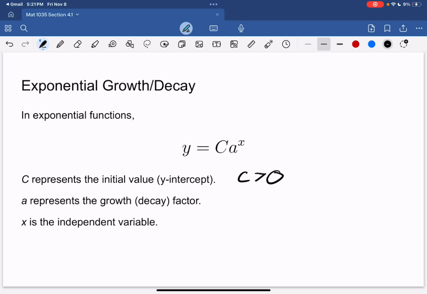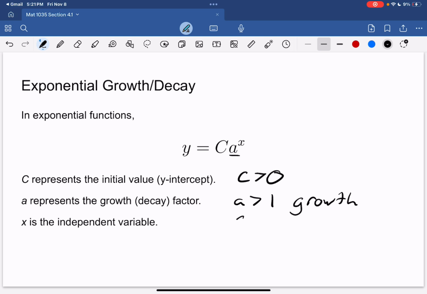All right. Then a represents our growth and decay factor. So how we know if it's growth or decay, we have a stipulation here. If a is greater than 1, we have growth, because we're multiplying by something larger than 1, so we're going to continuously get bigger.